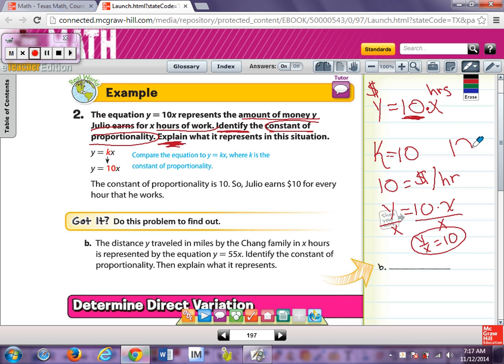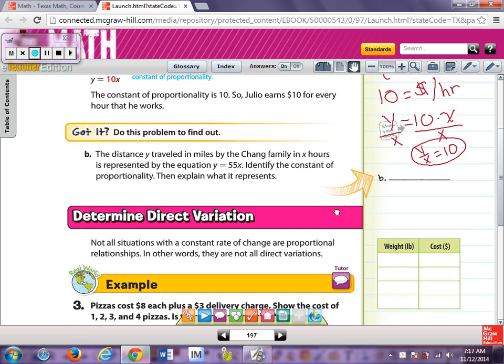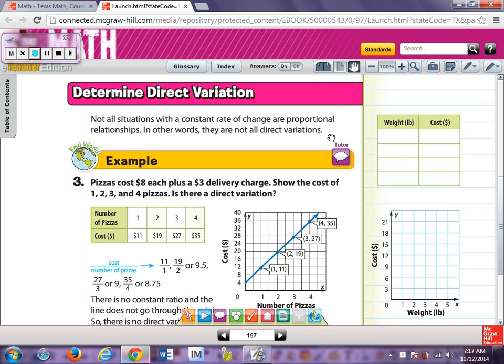So $10 an hour is basically what Julio charges. And you could see that it makes sense. $10 every single hour he works will tell you how much money he makes. It's very easy. It looks more complicated than it really is. At this point, go ahead and try got it, letter B. And as always, make sure you ask for help or clarification as you work it out, if you need it.